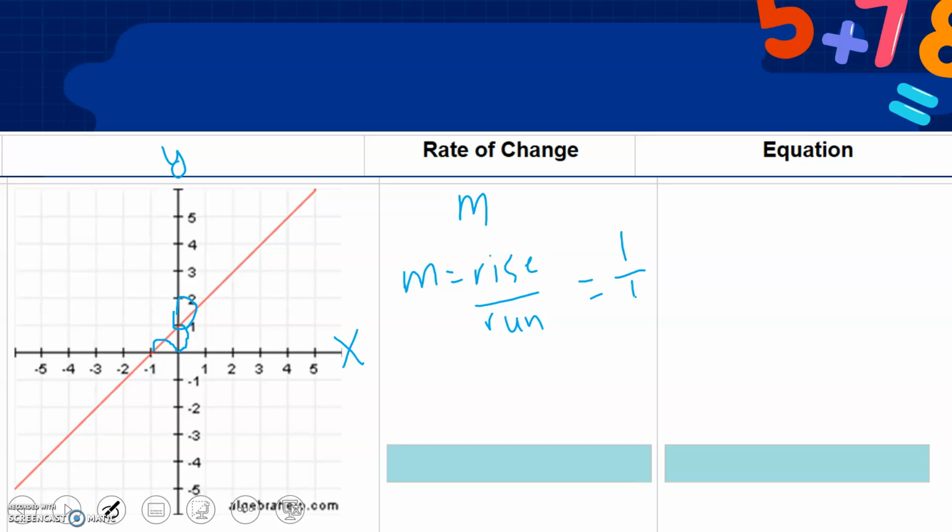Now it's asking us to find the equation. Remember, our equation for non-proportional relationships is y equals mx plus b. M is our slope. B is our y-intercept.